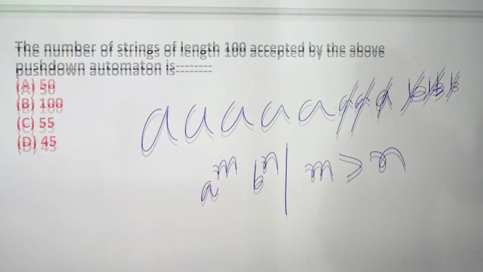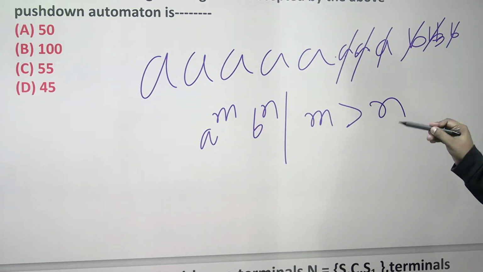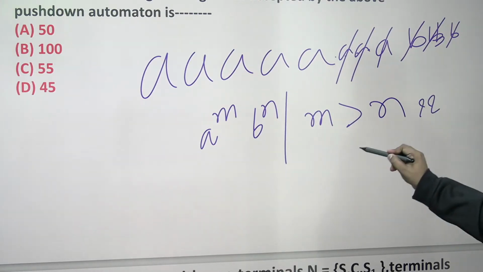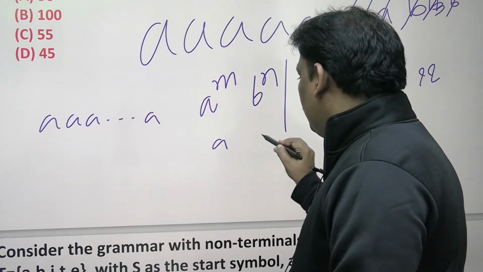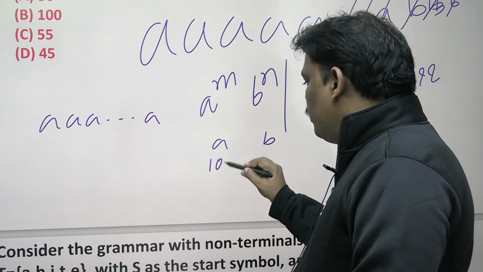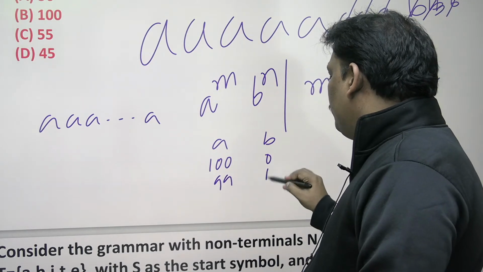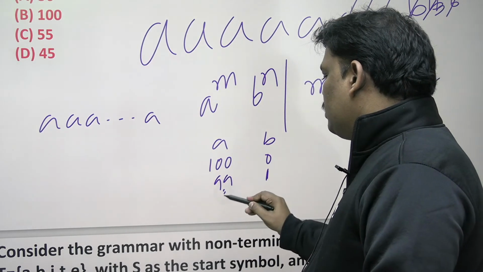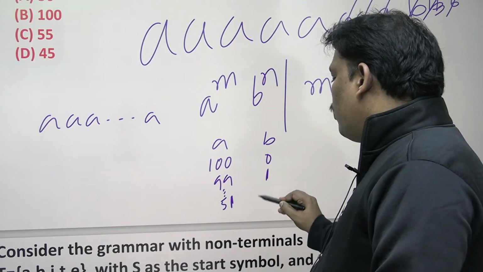Let me write now. M is greater than N. Everyone listen, M is greater than N. 100 A's are possible with 0 B's. 99 A's are possible with 1 B, and so on. 51 A's are possible with 49 B's.